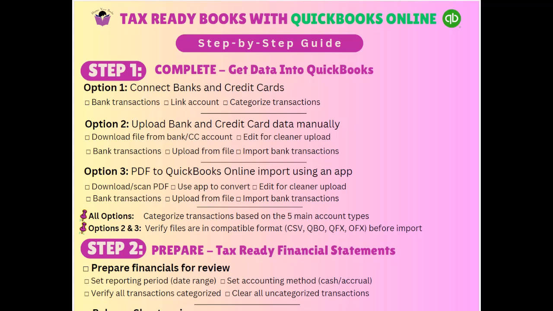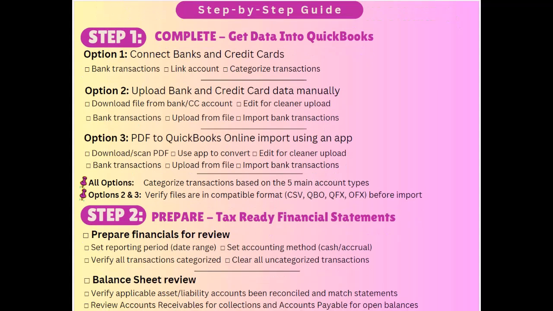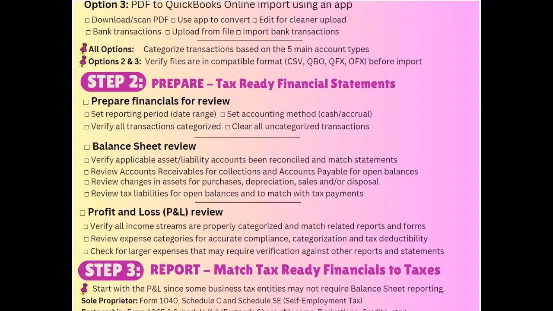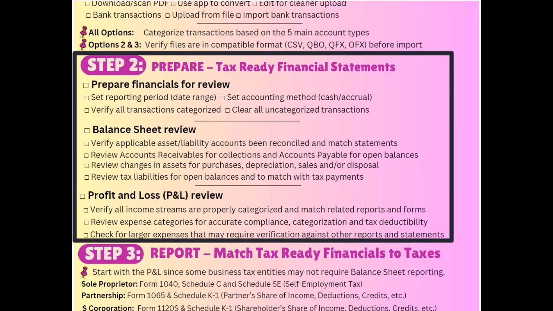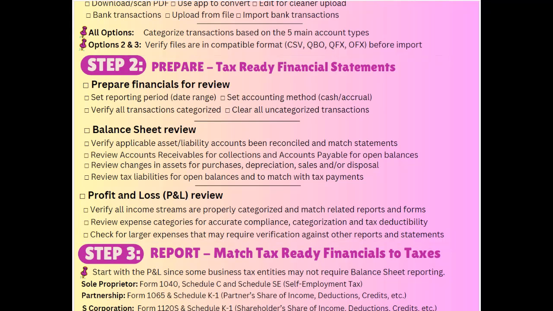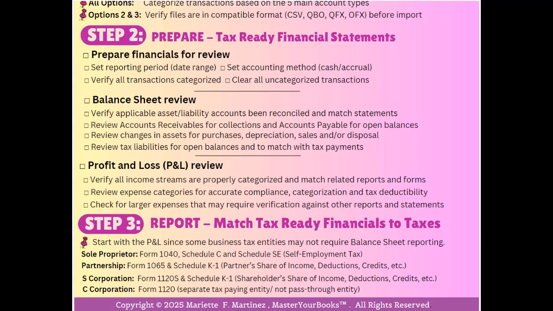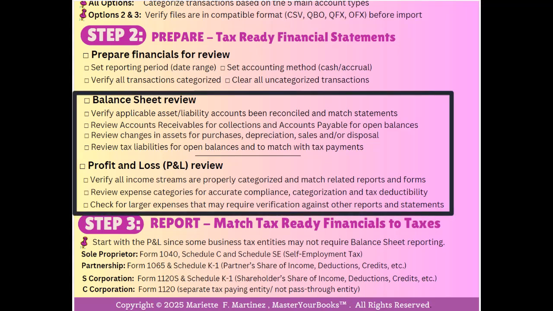Let's take one more look at your Tax Ready Books with QuickBooks Online step-by-step guide. Now that we have completed step 1, we can move into step 2, which is preparing the tax-ready financials. You now know how to pull up those financials and review them one by one, the balance sheet and the profit and loss. You have some options here to go deeper into each statement as well.